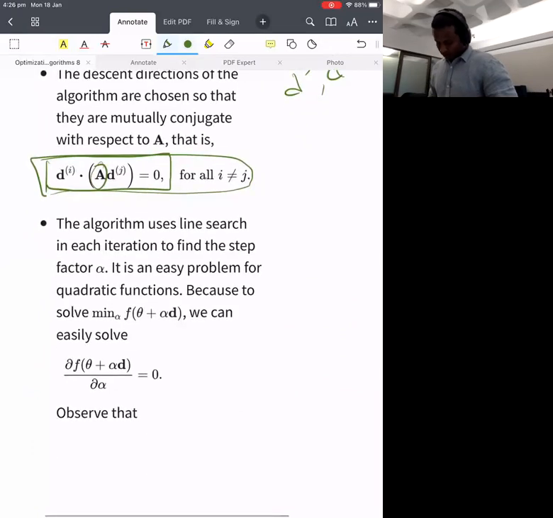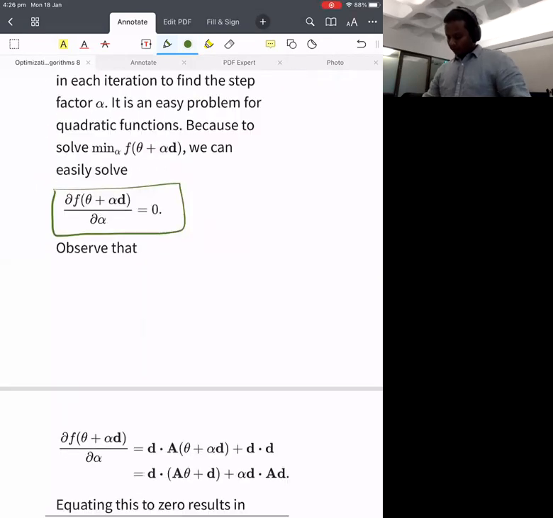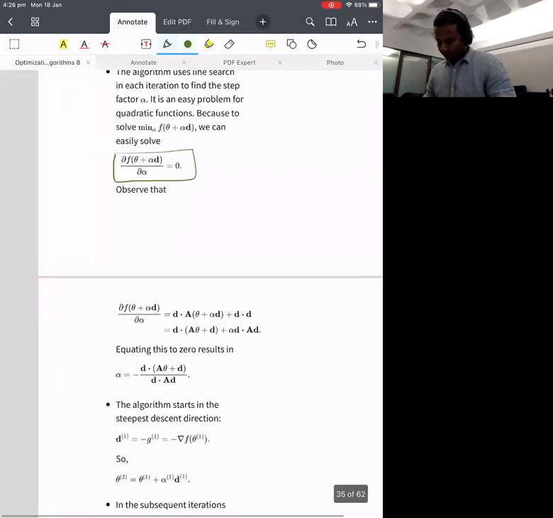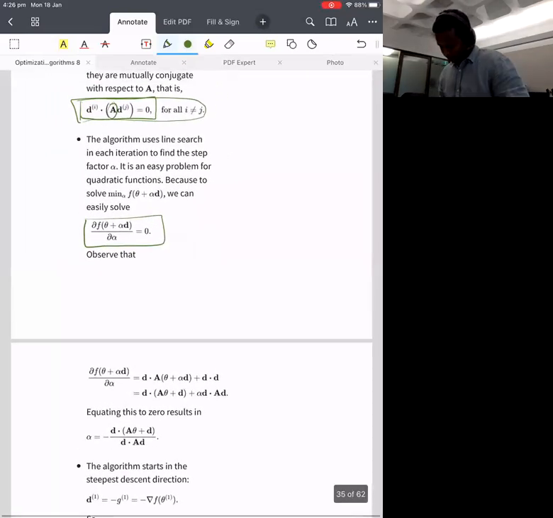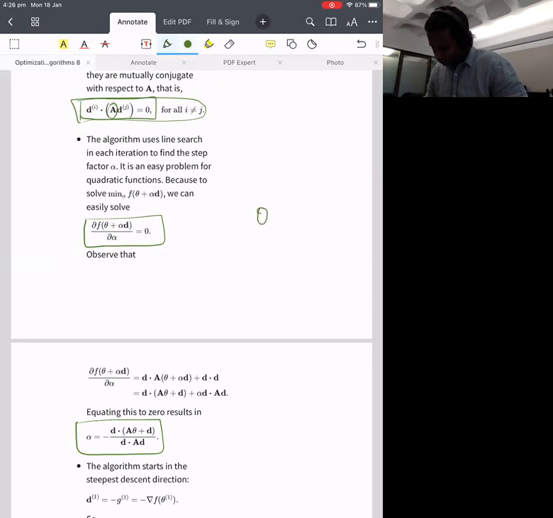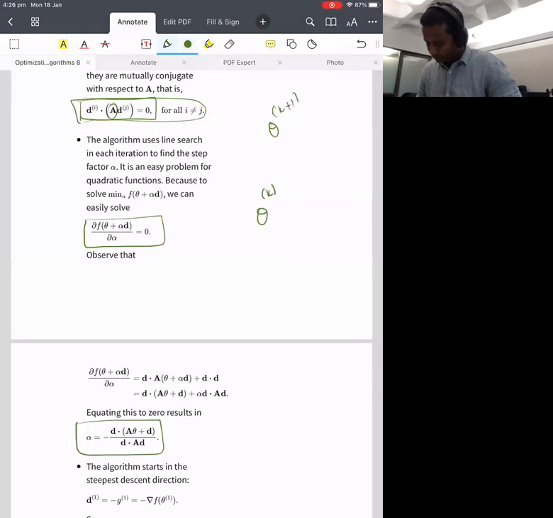Again, just like in the simple case of gradient descent, we use line search here. What happens when we use that? Using line search in each iteration, with alpha like this. You are at the kth iteration, so you know theta k by then, and all you want is to find theta k plus 1.